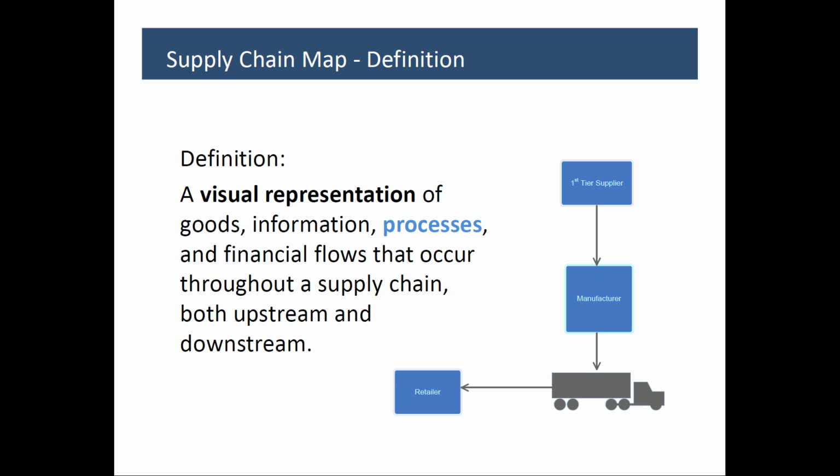So it gives us a visual representation of, for instance, the goods that flow within a supply chain, the information that goes along with the flow of goods, the overall processes that define the flow of goods and information, and also the financial flows that occur throughout our supply chain, both upstream and downstream the supply chain. So from the retailer that we have also seen in the online game, upstream until the manufacturer and the suppliers of the raw materials.